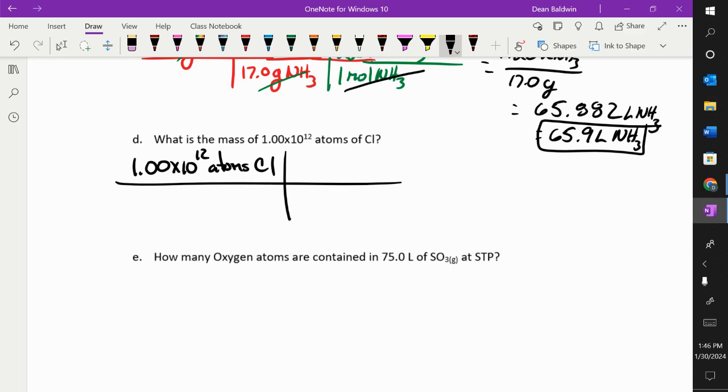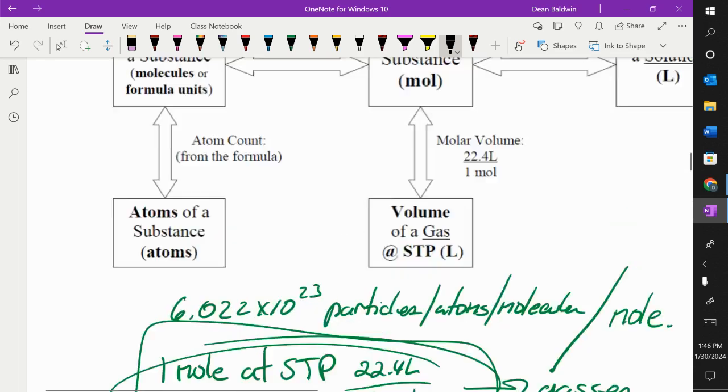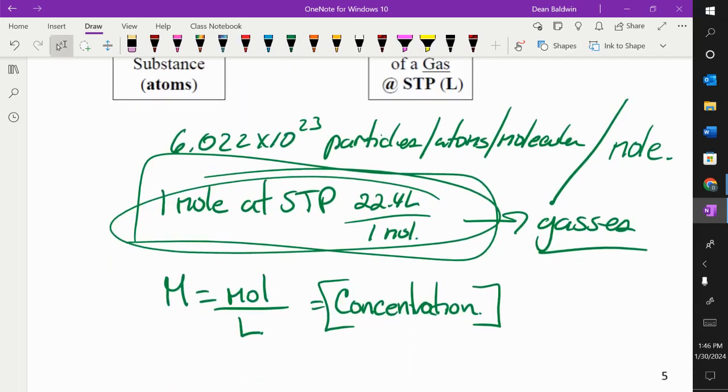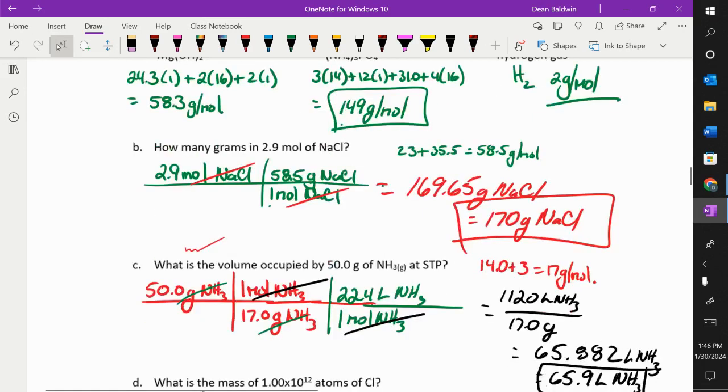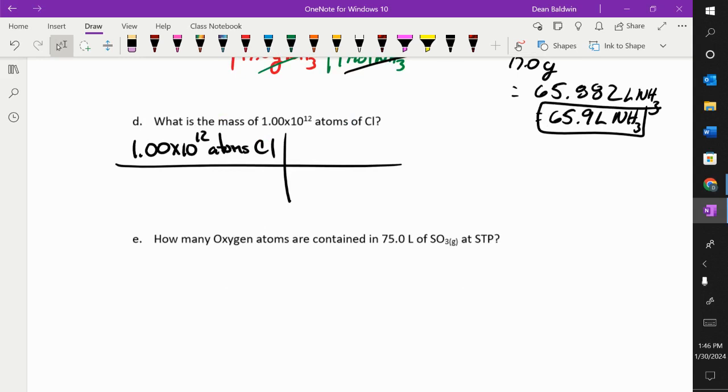What are the units on Avogadro's number? It's particles or atoms or molecules per mole. We're going to use atoms for our units. So we go: 1 mole of chlorine is 6.02 times 10 to the 23 atoms of chlorine.